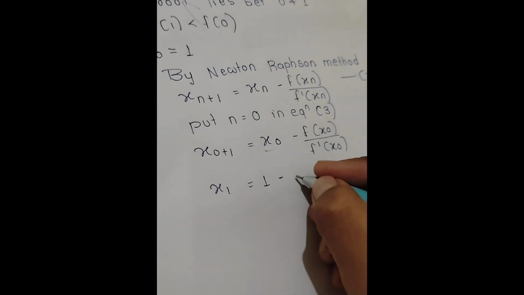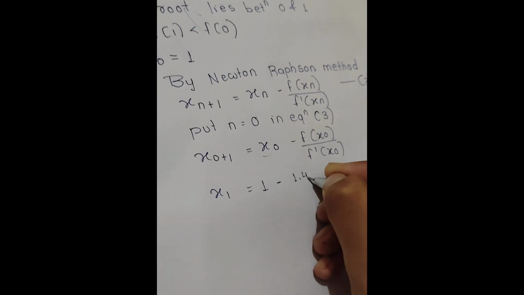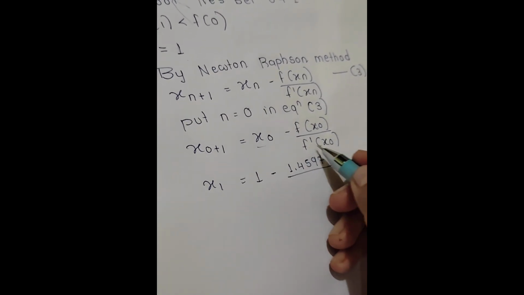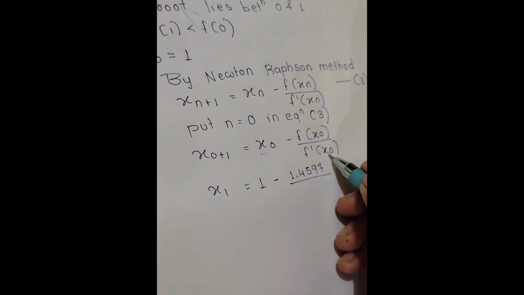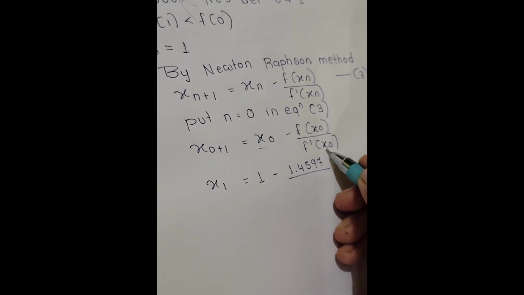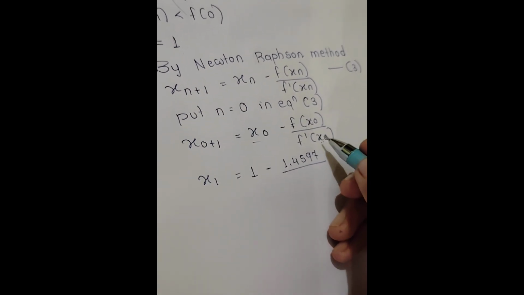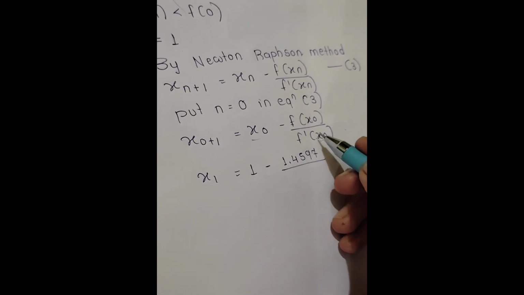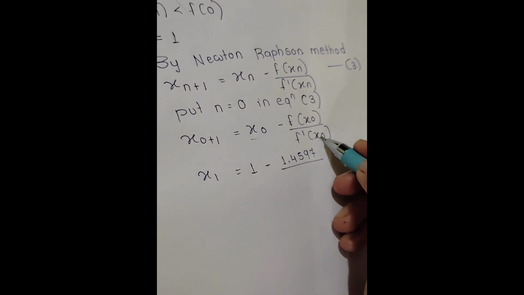So we will write here 1.4597, but we don't have the value of f'(1), so we have to calculate it by taking equation 2. Here we take the value of x0 in that equation.